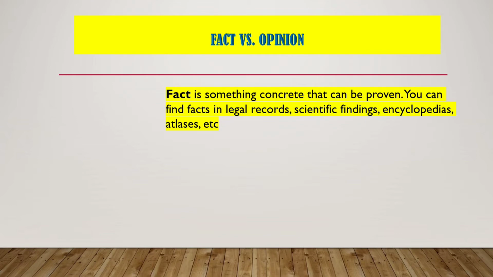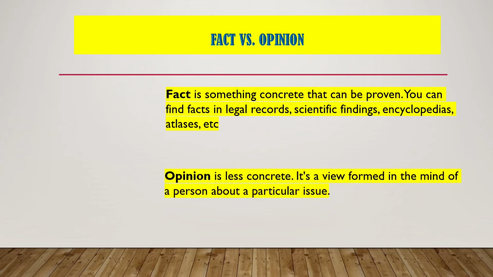A fact is something that is true, real information. It can be proven. While opinion is less concrete, it is a view formed in the mind of a person about a particular issue. In other words, it is what someone believes or thinks and is not necessarily the truth.